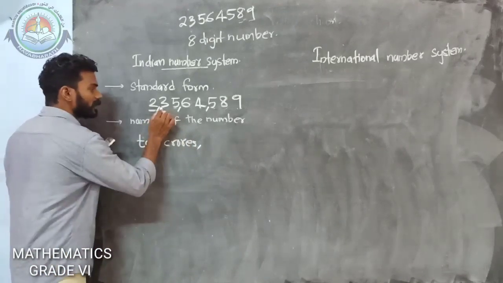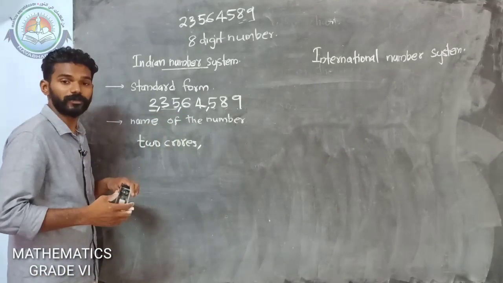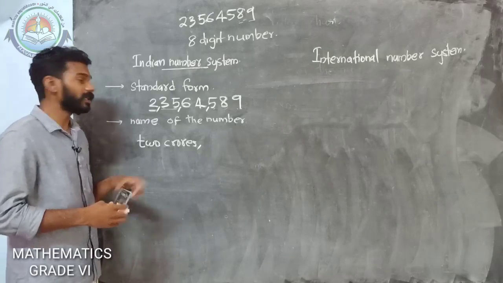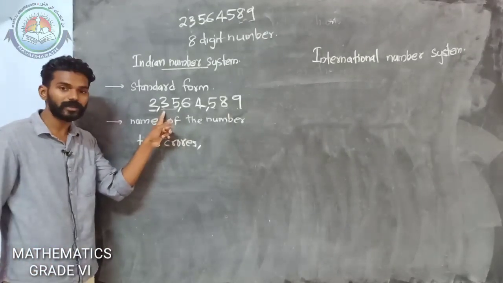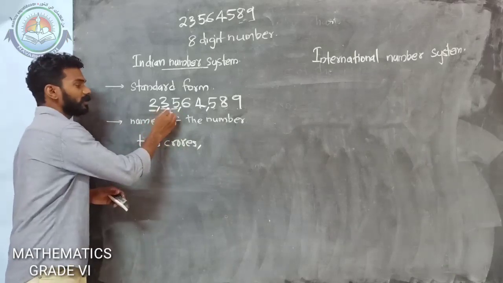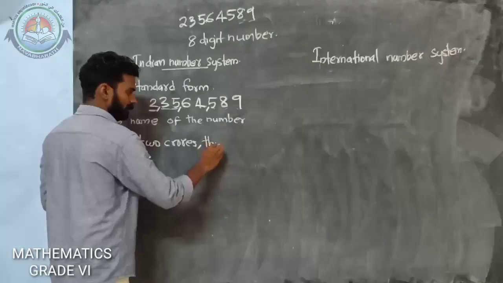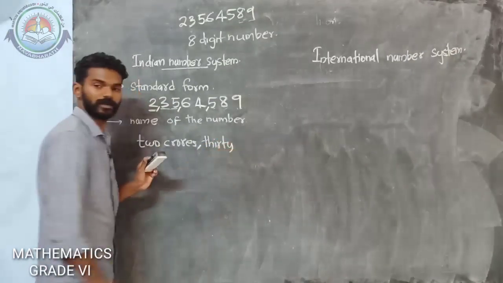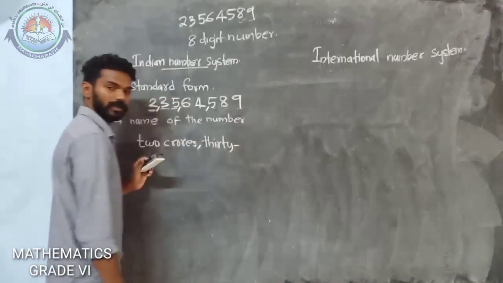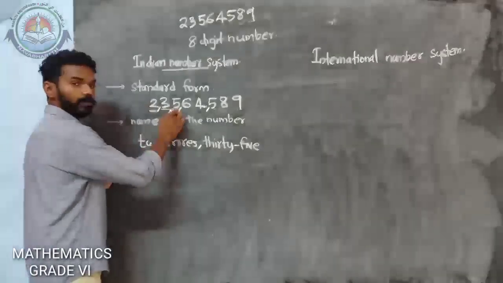Now you should consider this period, and this is period of lakhs. And how many lakhs are there here? Here there are 35 lakhs. So you can write 30, thereafter a hyphen, then 5. 35 lakhs.